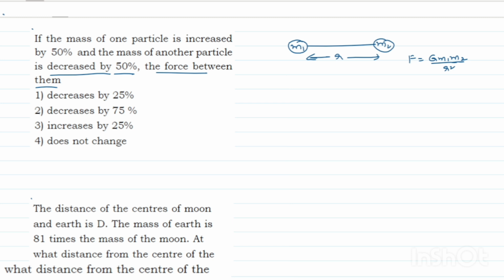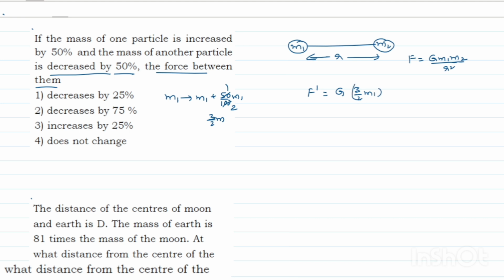Here one particle's mass is increased, F dash will be equal to G into, the mass of one particle increased by 50%. The first particle mass is m1 plus 50% of m1, which is 1 plus 1 by 2, that is 3 by 2 of m1.